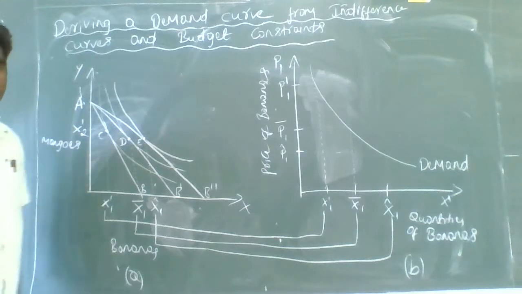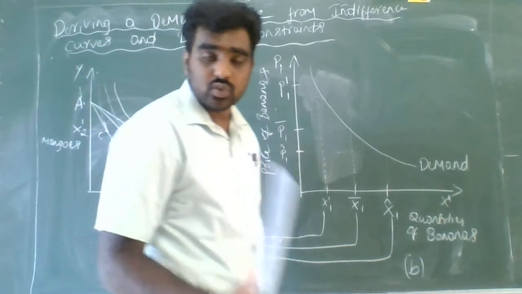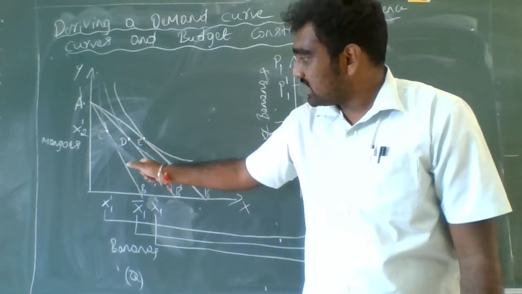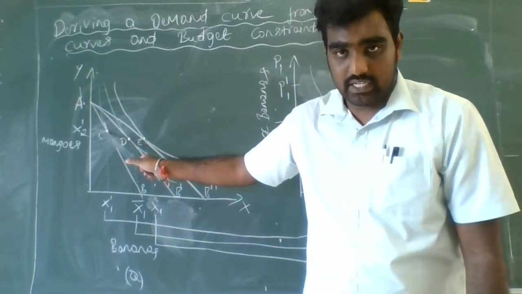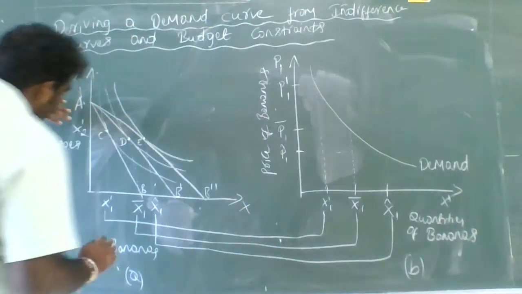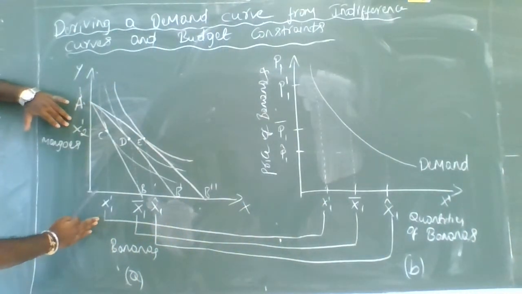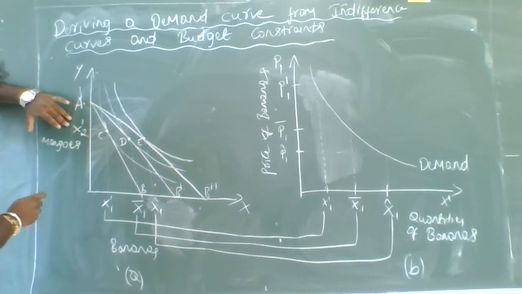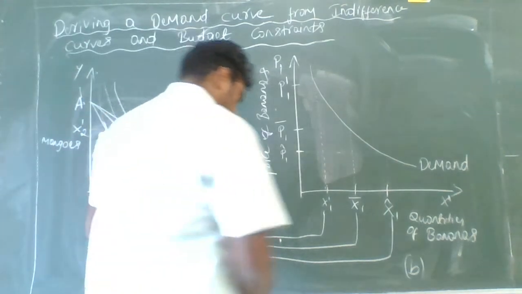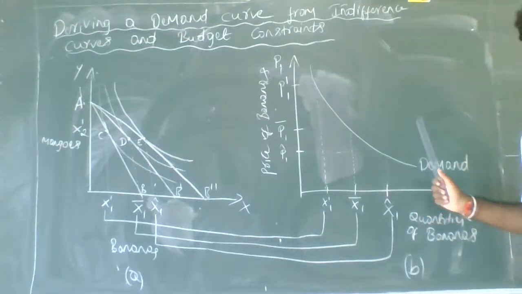We learned in the optimal choice of the consumer that the consumer has to select the bundle which is tangent to the budget line. So here is the first equilibrium point, a bundle of both bananas and mangoes. The same point can be drawn on the demand curve.